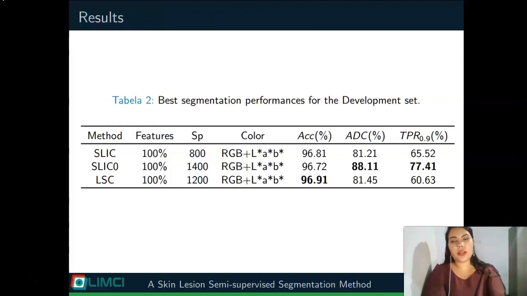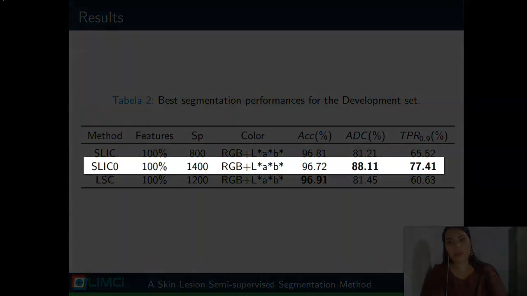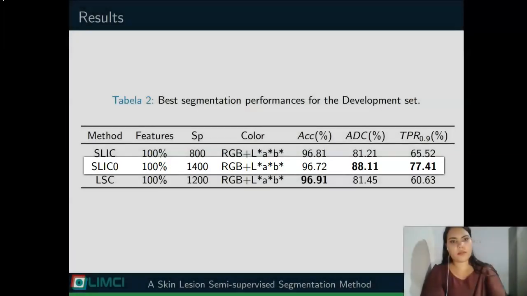In Table 2, the best segmentation performance for the development set, the best configuration, is the SLIC0 method, 100% in GLCM, 1400 superpixels, and for concatenation RGB Lab, the highest TPR 77.41%.